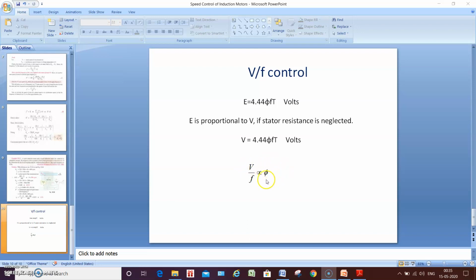That means the flux varies in proportion to voltage. Or if you keep the voltage at a constant value and vary the frequency alone, if you increase the frequency the flux will decrease, that is, in inverse proportion.